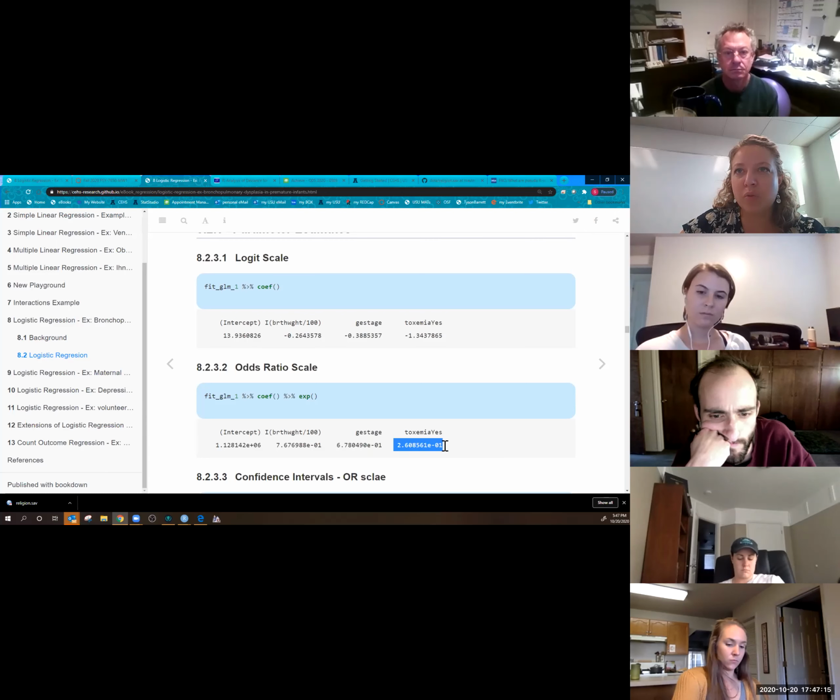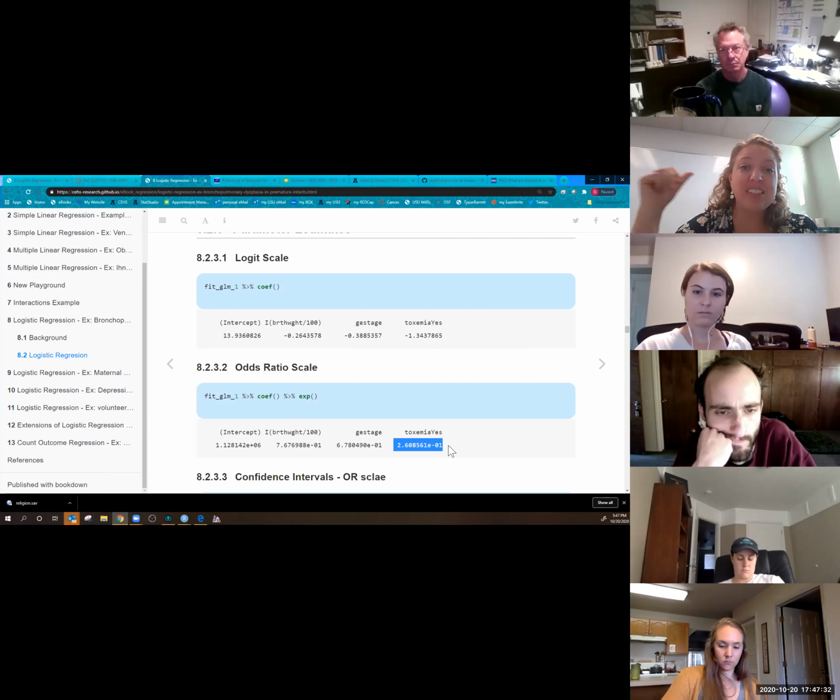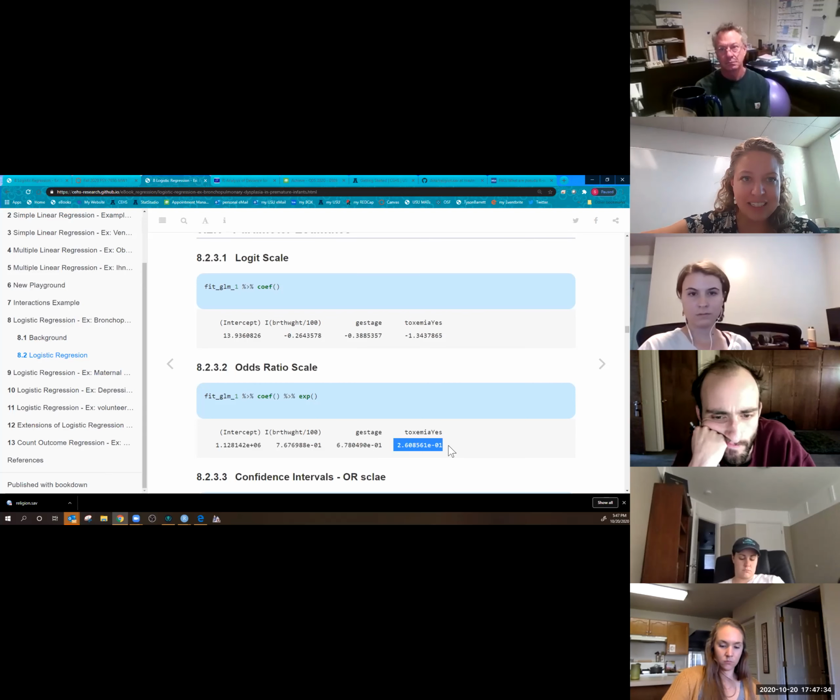And this last one, what's this decimal? 0.26. That's a lot smaller than 1. It's almost 75% smaller than 1. So if the mom has toxemia, the baby's actually 75% less likely to have odds of having this disease.